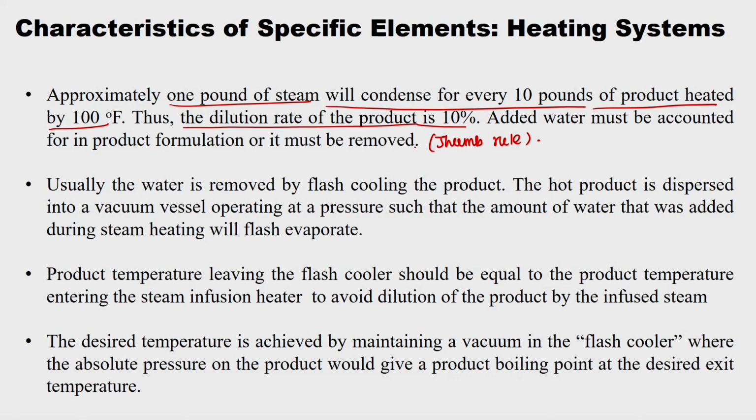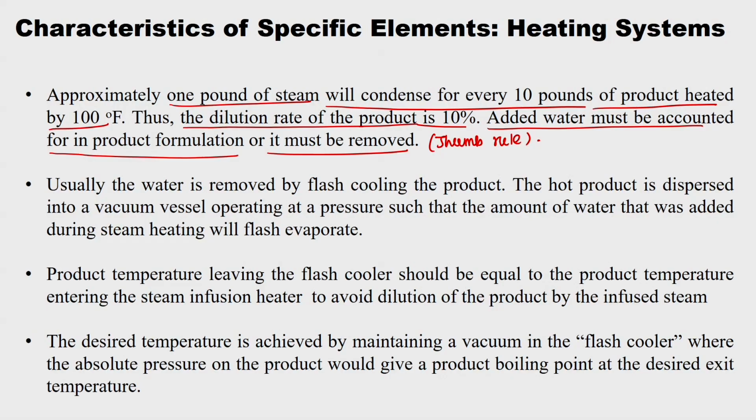The 10% dilution will always be there when you are heating it directly, right. So this added water must be accounted for in product formulation, or it must be removed. Either I need to remove the excess water before it goes for storage and distribution, or I need to take care, for example, of the concentration of the particulates in the product, with 10% less dilution rate, so that when the steam is added in the heating system, that will be taken care of.